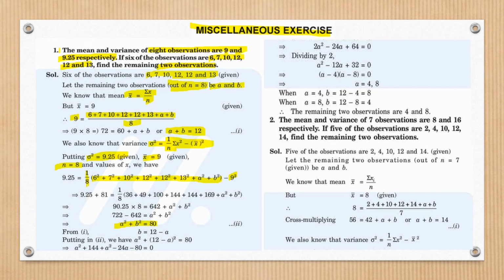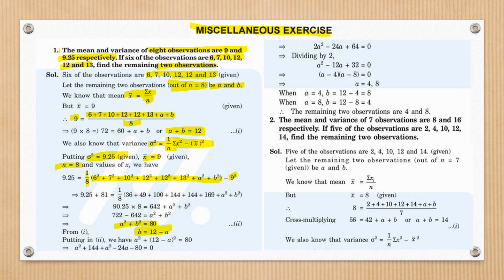Now I need to get my values of a and b, so I can solve it in either way. I can use the formula for square root of a complex number, or from equation number 1, I can write the value of b as 12 minus a and put it in this number 2.